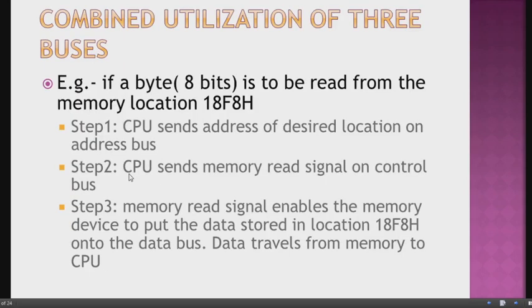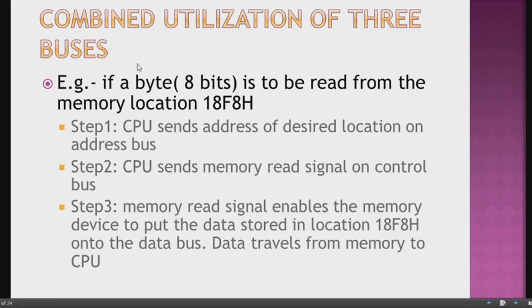So here we have seen the three buses which are part of the system bus: address bus, data bus and control bus. And we have also seen the purpose of each bus. Now we'll see the combined utilization of the three buses, how these three buses work all together. For that, we'll take one example.